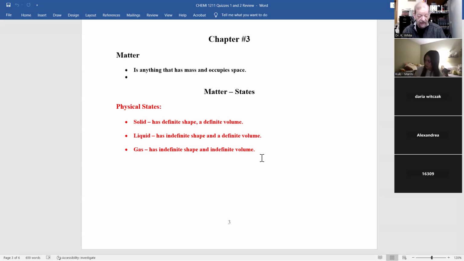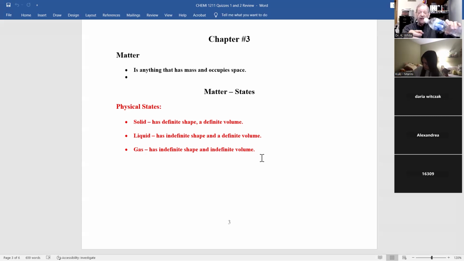If I had a solid like this, one of my favorite eye candy toys, it has definite shape and definite volume. Now, if you look in this bottle, I have some water and it has indefinite shape.